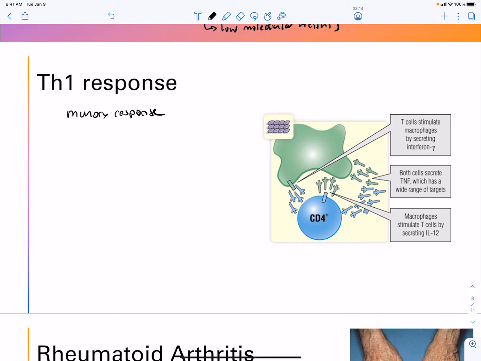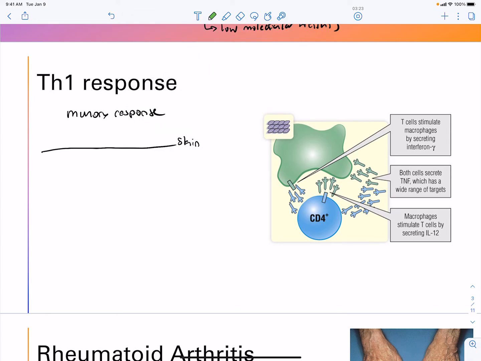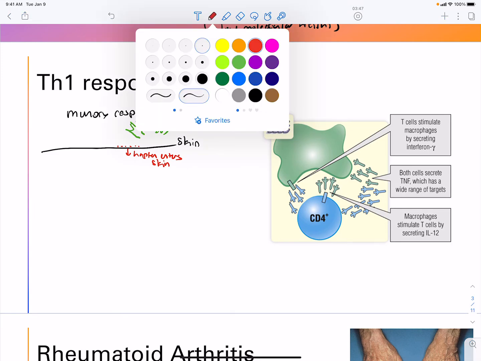So, for example, you have a skin, and you have your poison ivy. And you're just going to get poison ivy on your skin, and then the hapten enters the skin, crosses the skin into your body, and then you have an epidermal protein.